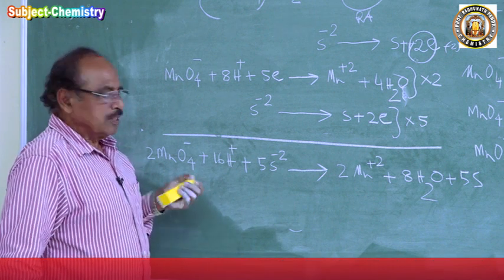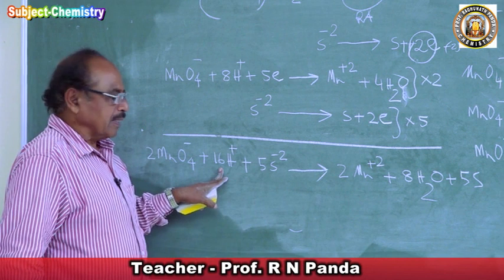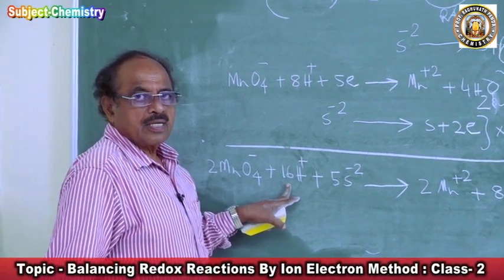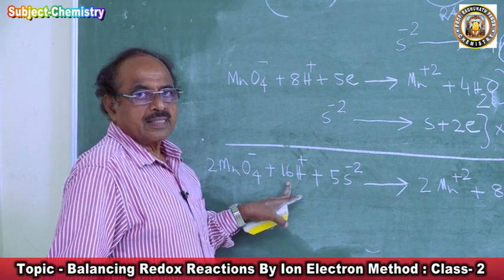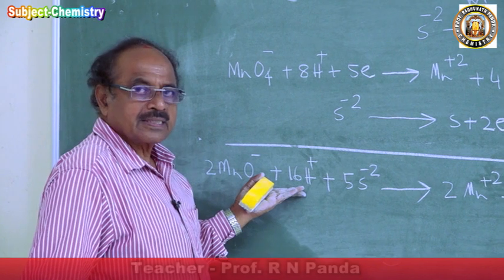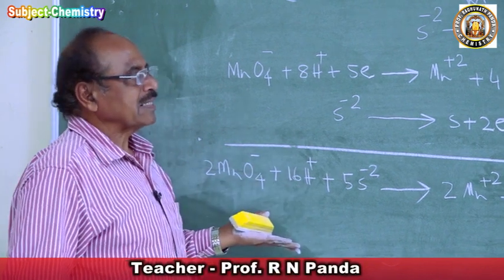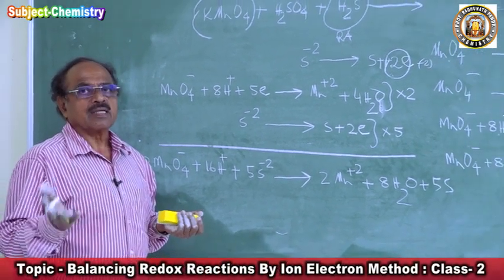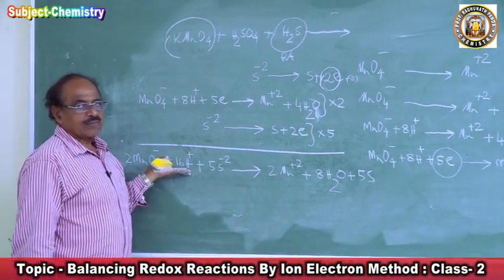You got the equation. So what is 16H plus? 3H2SO4 gives 6H, and 5H2S gives 10H. So 10H plus 6H plus becomes 16H plus. So the ionic form and the partial equation are both identical. One is represented in molecular form, this is represented in ionic form.